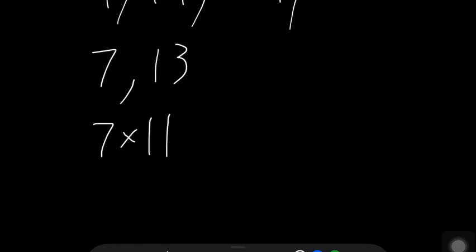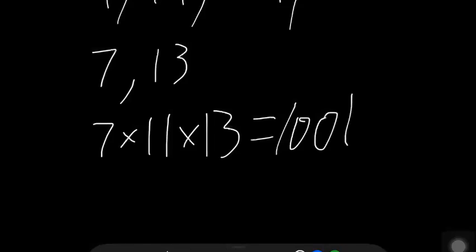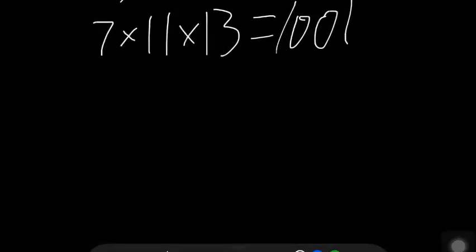And now let's talk about some special prime numbers such as 7 and 13. For 7 and 13, there are no particular divisibility characteristics, but since 7 times 11 times 13 equals 1001, we could use the characteristics of 1001, which is cutting 3 digits and then finding the difference.